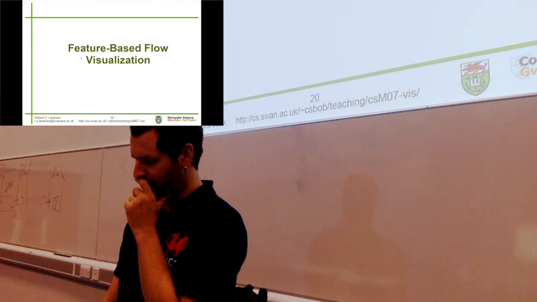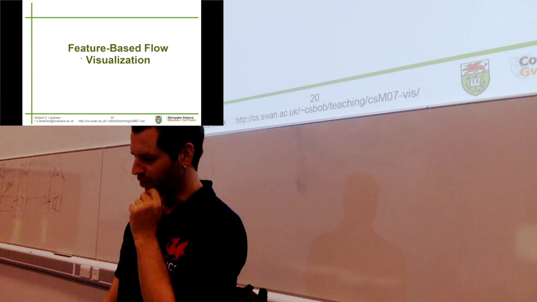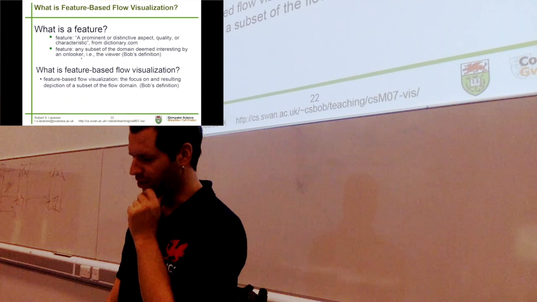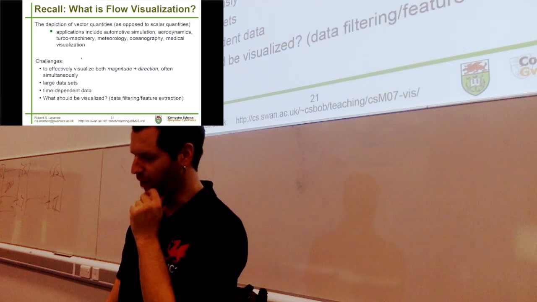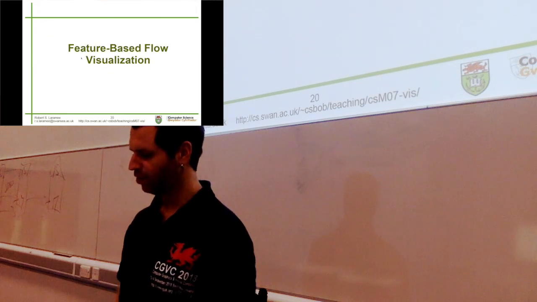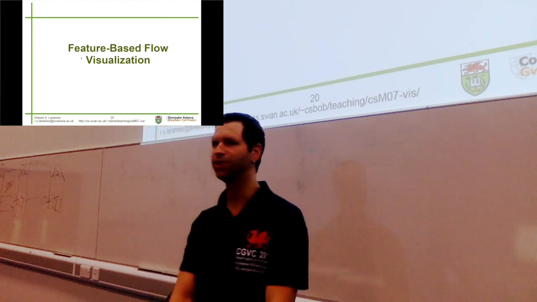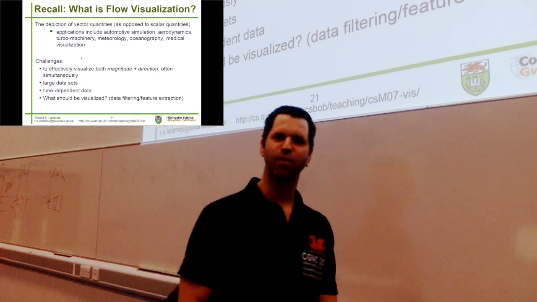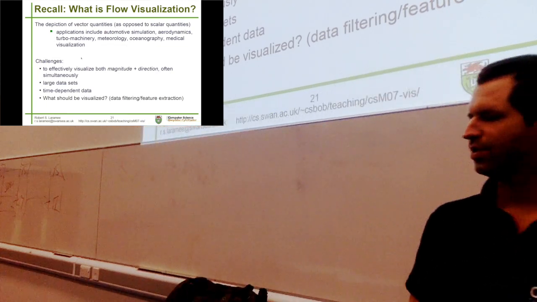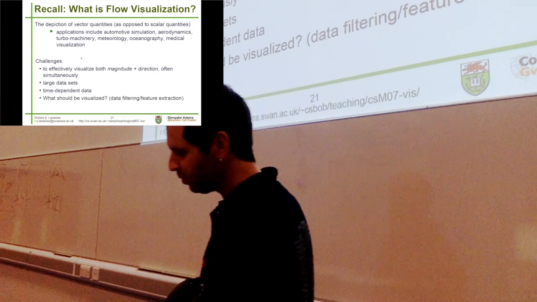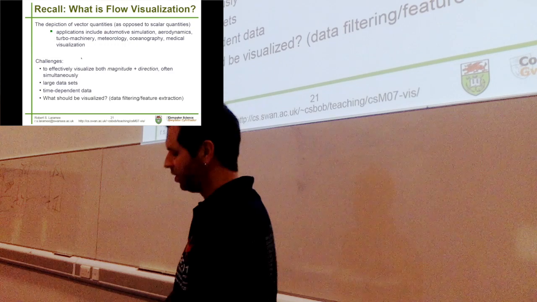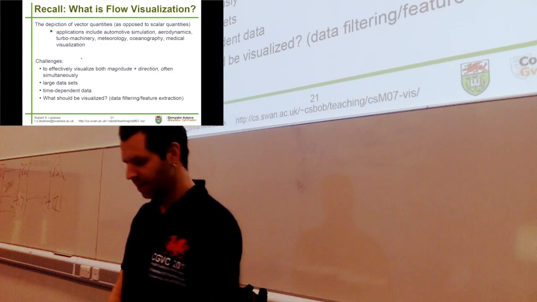Then the next part of the lecture is feature-based flow visualization. We're not going to get into the depth of it, but it is a fourth component. I don't know if you remember, we had a slide about the four different subfields of flow visualization.